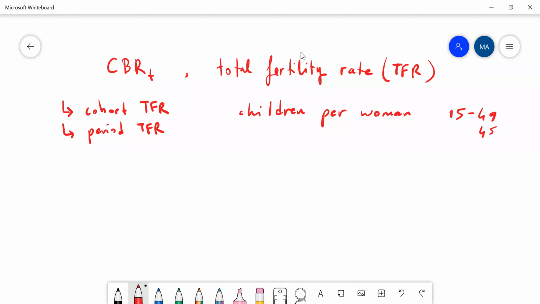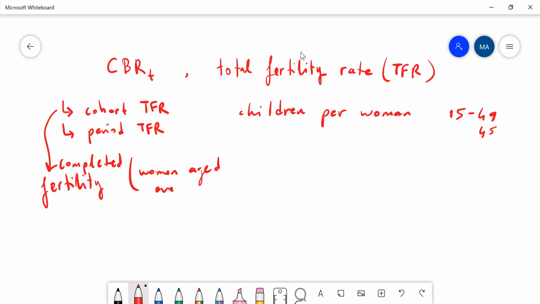Now the cohort fertility rate looks at fertilities that are completed. So it is looking at completed fertility, right? So it looks at women aged over, let's say, 49, because we want to count how many kids they actually had.